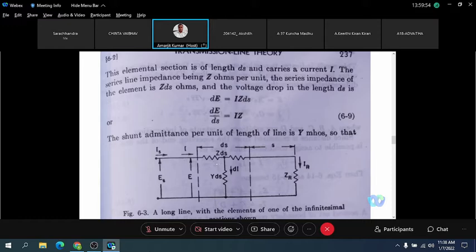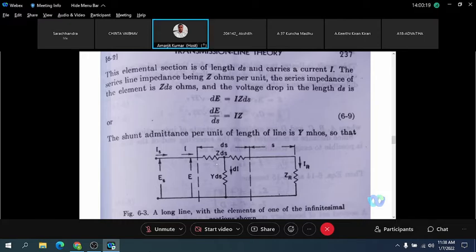That will be Z into ds, because Z was defined as the series impedance per unit length of line. Here the length is ds, so it will be Z into ds. So what will be the voltage drop for this length ds?